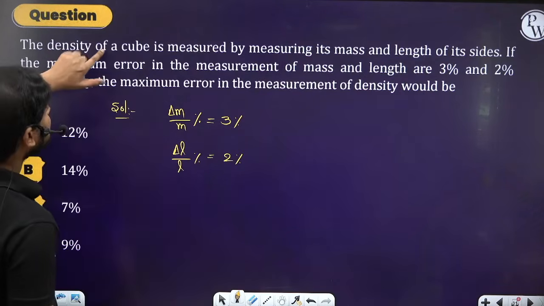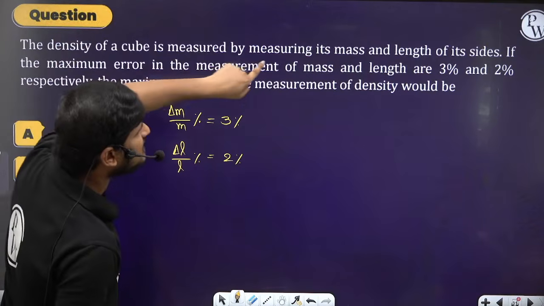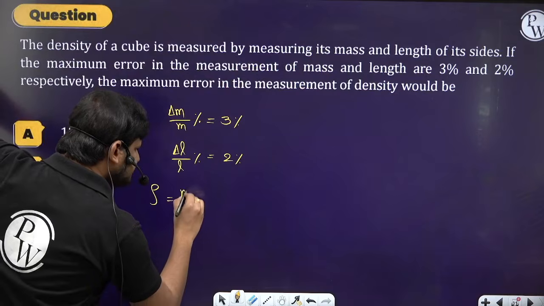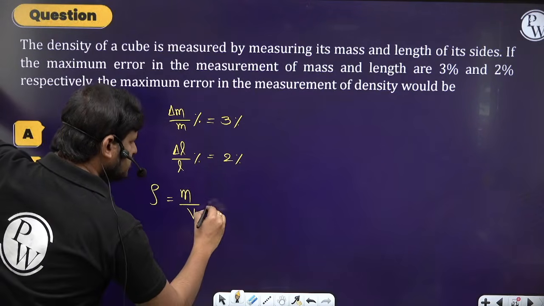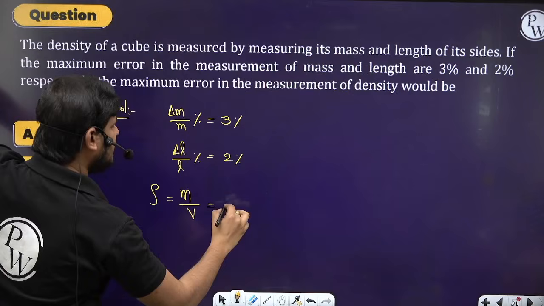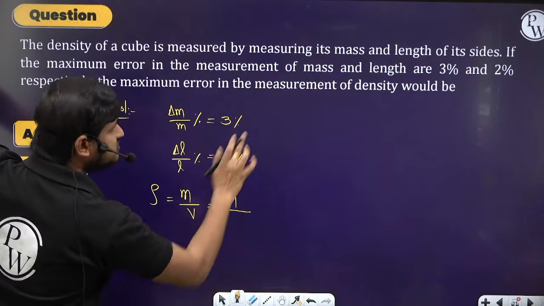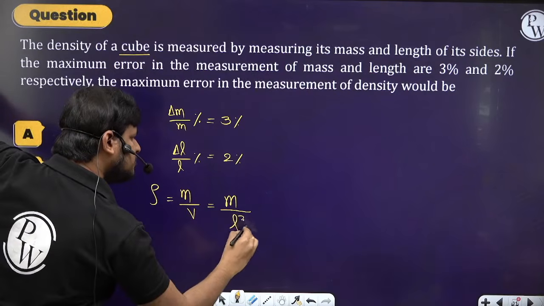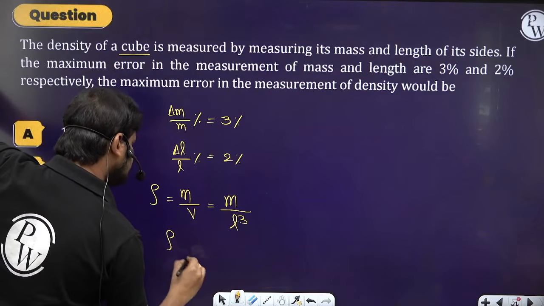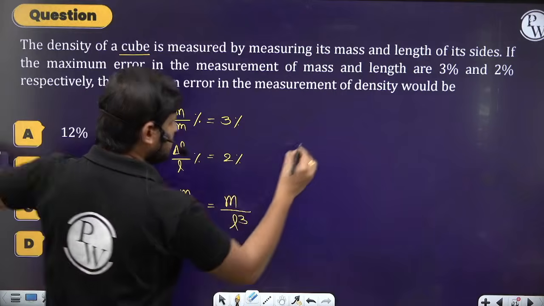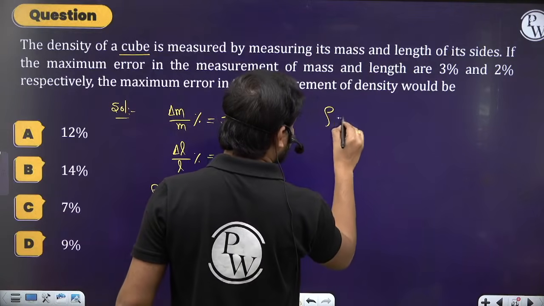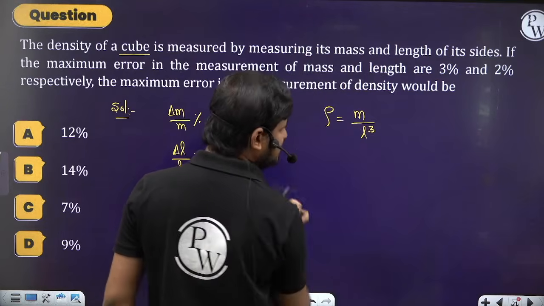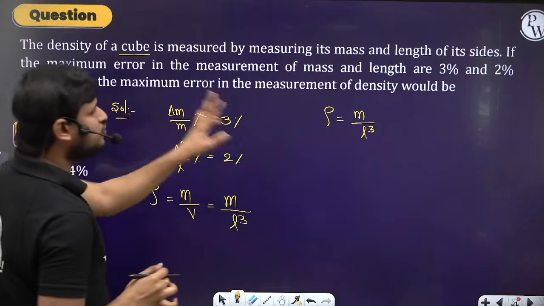They said the density of the cube is measured by its mass and length. So density formula is what? Mass by volume, right? So mass is measured in m, and the cube volume in terms of length is what? L cube, that's it. So rho is equal to m by L cube, right? The cube's mass by the cube's volume, volume of cube is L cube.